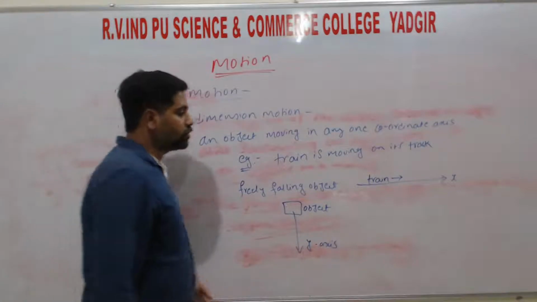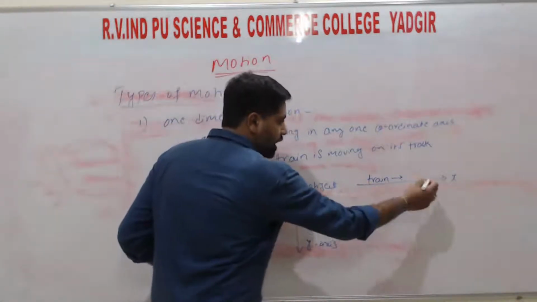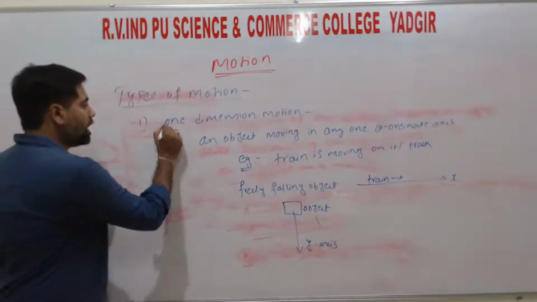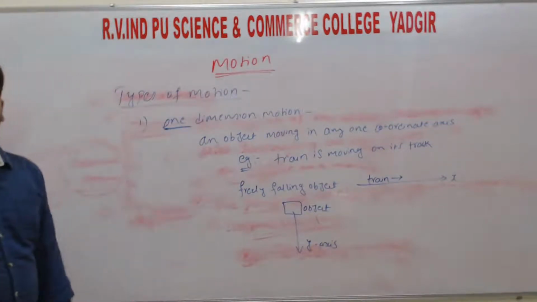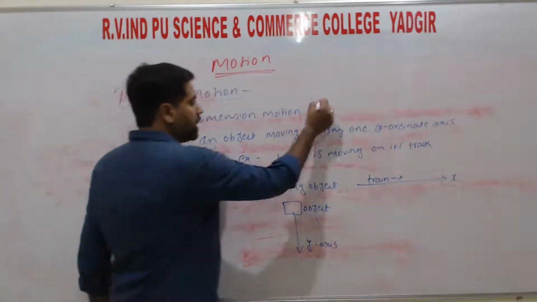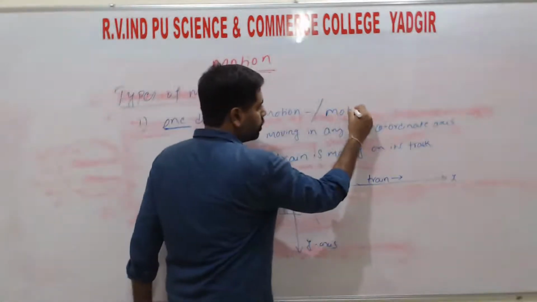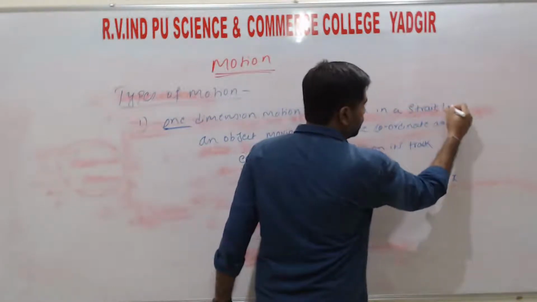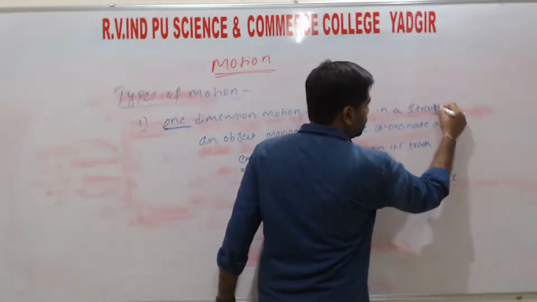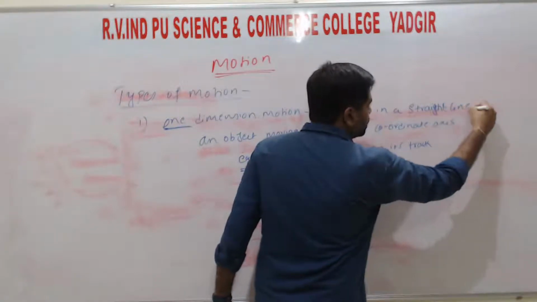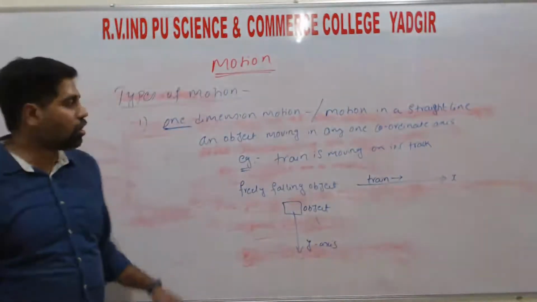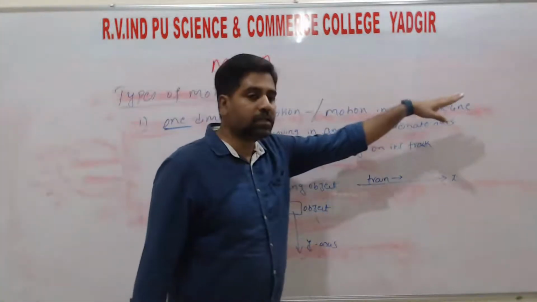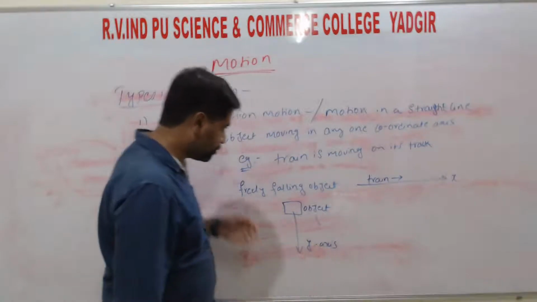So any object which follows either the horizontal axis or the vertical axis, that type of motion we call one dimension motion. We also call one dimension motion by another name, that is, motion in a straight line, right?